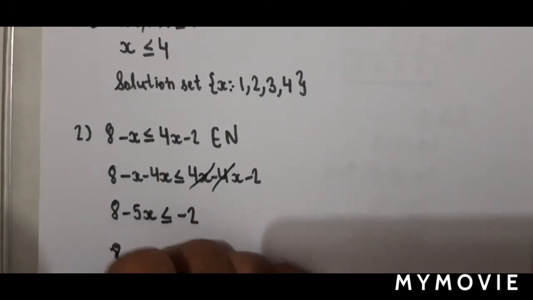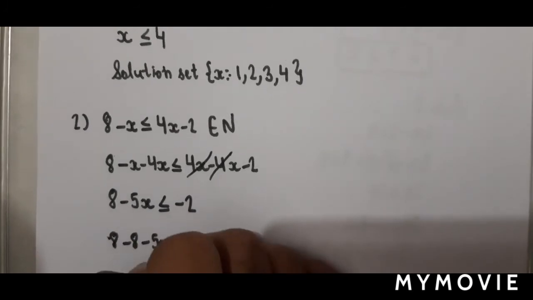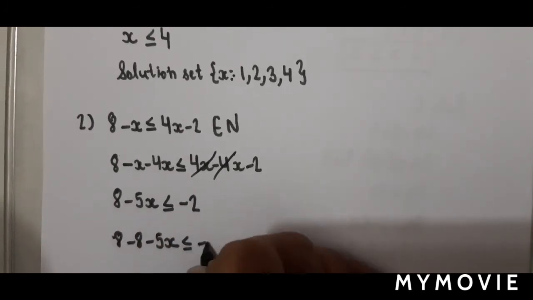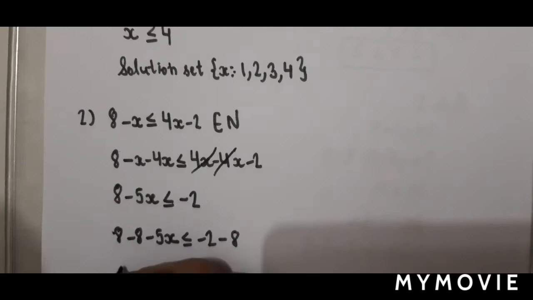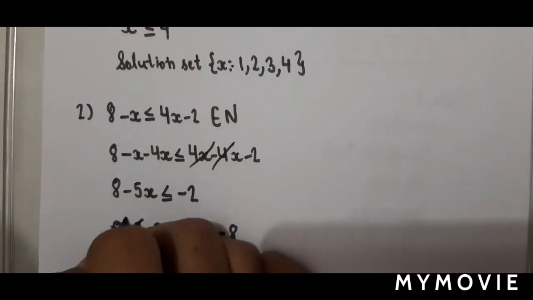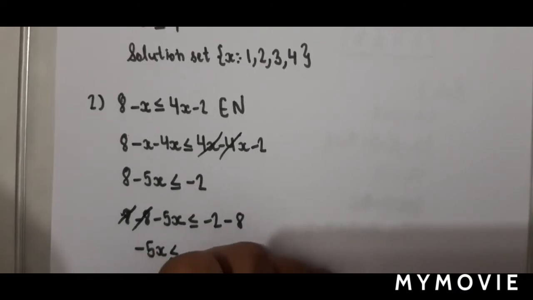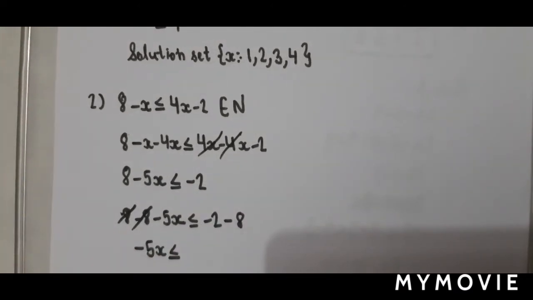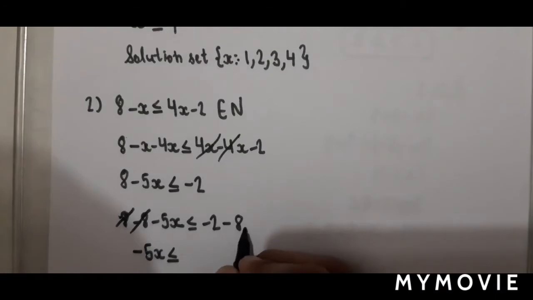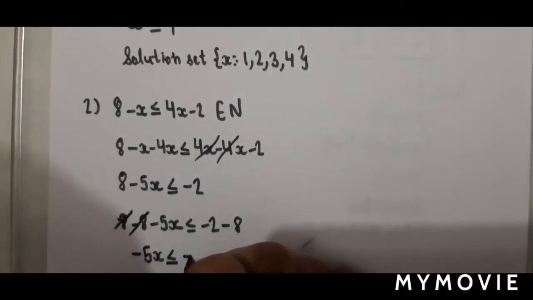So 8 minus 5x, and minus 2 minus 8, so these both get cancelled. So minus 5x is lesser than is equals to minus 10.